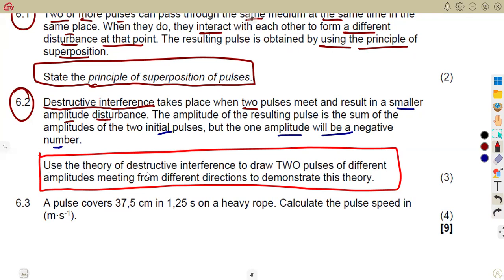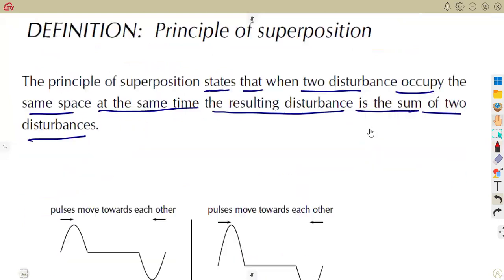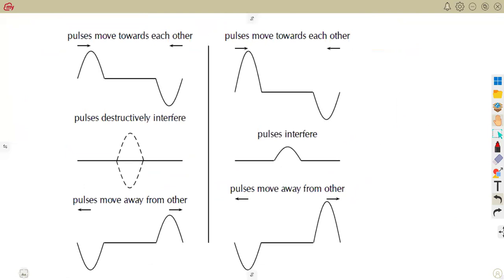Use the theory of destructive interference, which is this part, to draw two pulses of different amplitudes meeting from different directions to demonstrate this theory. How best can we demonstrate the destructive interference? So we can have these diagrams, depending on what you want.